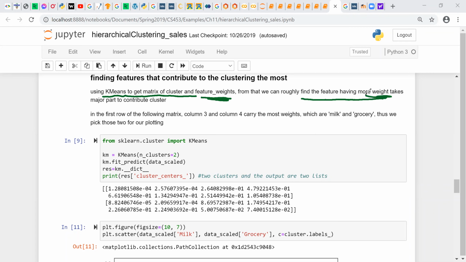If the weight number is larger, that means it makes a major contribution to the cluster. So with k-means, we can collect these attributes and find the important features that contribute to the clustering.